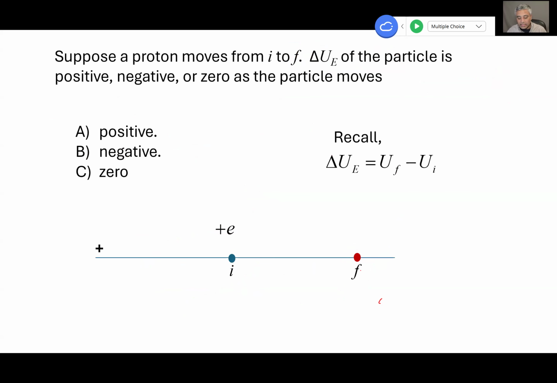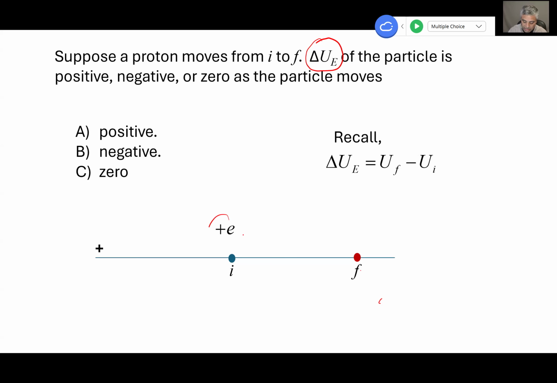Okay, so now here is another question. We are looking at the change in potential energy. So which way is the particle moving?